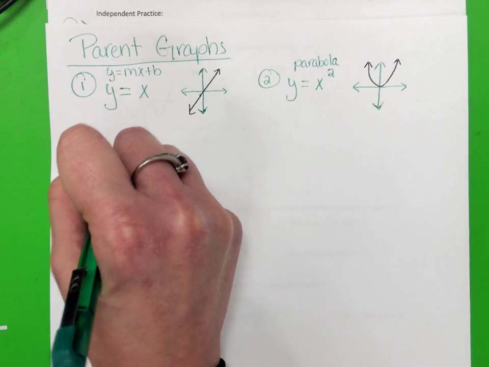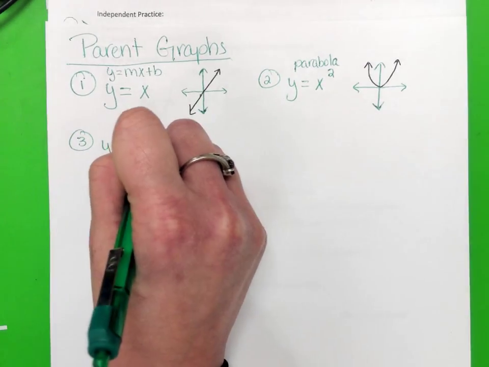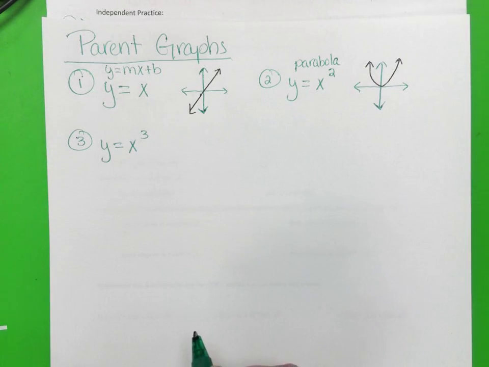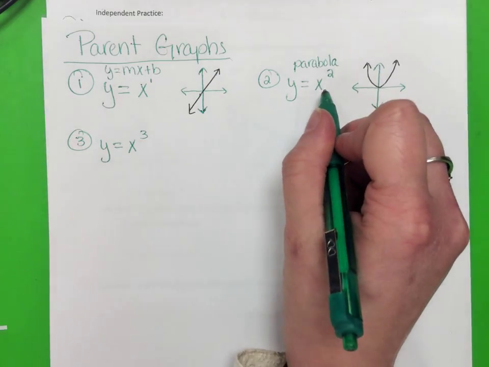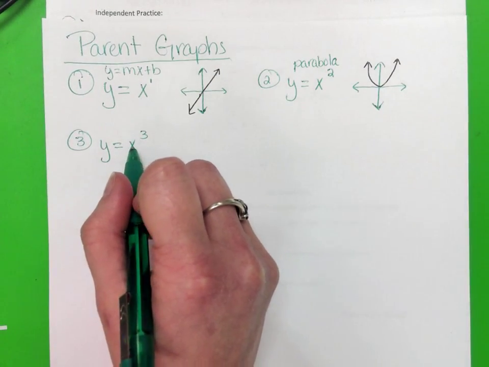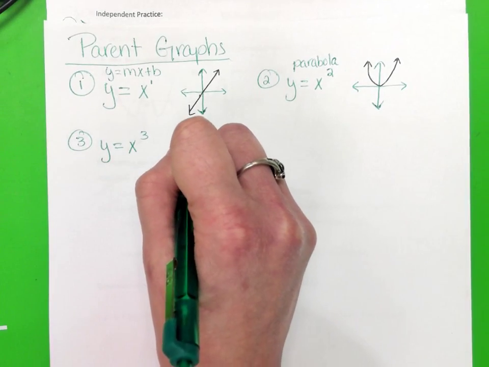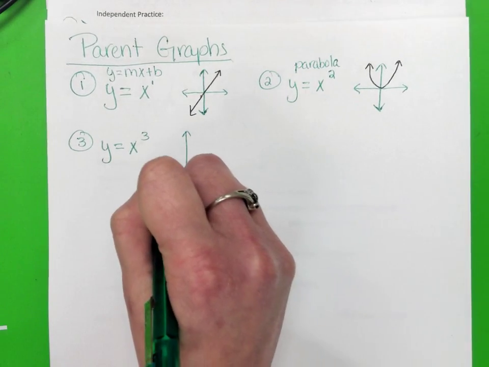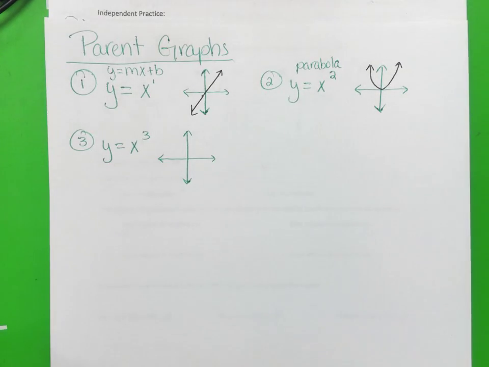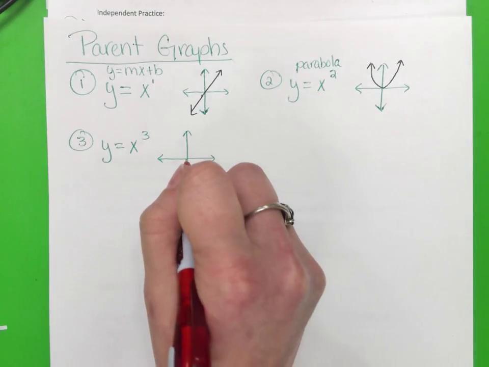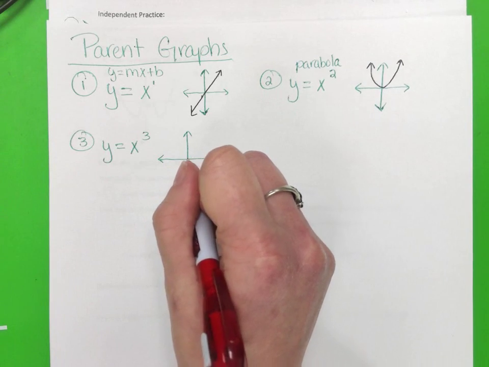Alright, then we have a new one that we haven't learned yet. So we're going to do x cubed. So guys, if you're noticing, this is x to the 1, this is x to the 2, this is x to the 3, okay? So here's what happens on this one. So draw your little graph. Alright, start at the origin. Put your pen or pencil at the origin.